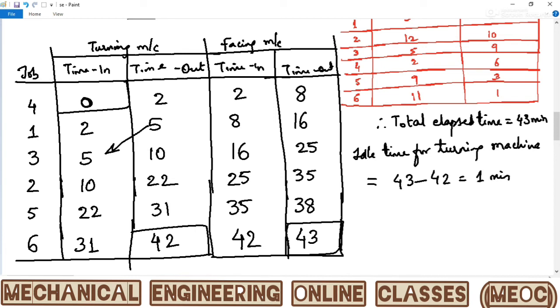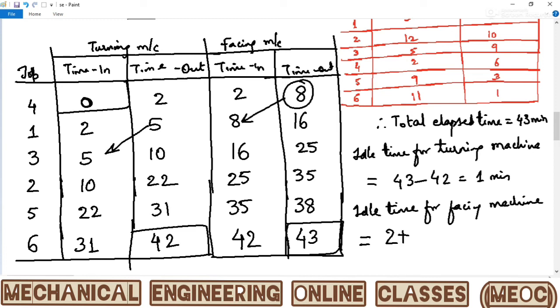Now let us see the idle time for facing. Job 4 has been taken onto the turning machine at the 0th minute, and this job 4 is taken onto facing only from the 2nd minute. So from 0 to 2 the facing machine is idle. So that idle time is 2 for the 4th job, plus it was busy till this 8th minute, and after the 8th minute it has taken up the first job.